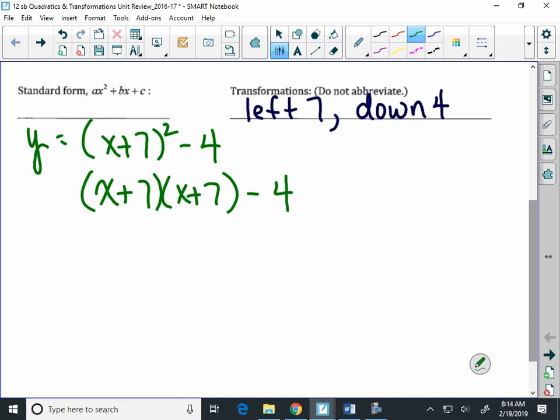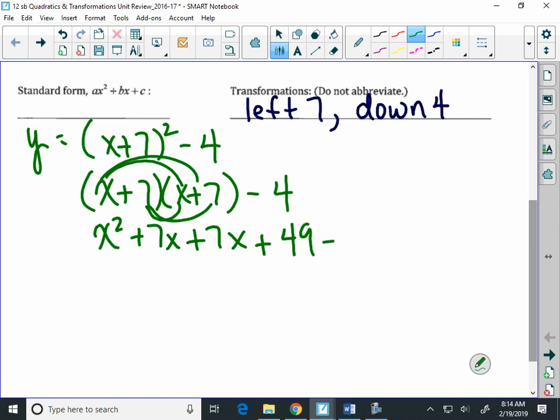So we're going to double distribute, we're going to FOIL. We get x squared plus 7x plus 7x plus 49. Don't forget the minus 4.